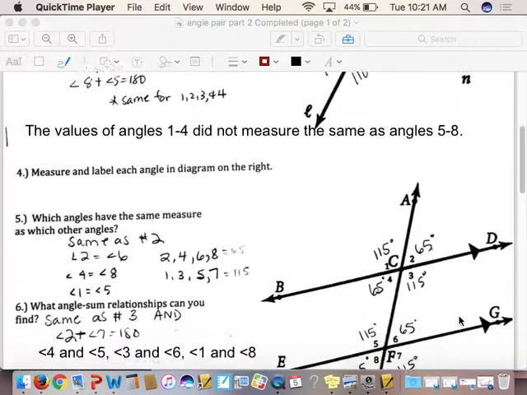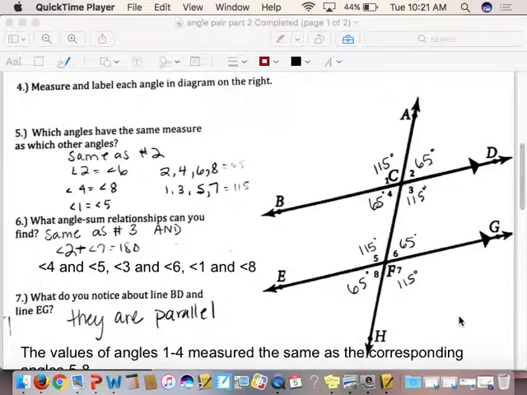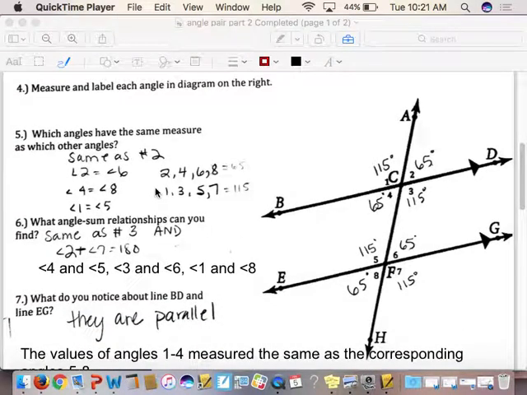All right, let's look at this bottom diagram. So on number 5, I wrote the words same as number 2. So all of the vertical angles that happened in problem number 2, 1 and 3, 2 and 4, 5 and 7, 6 and 8, those happened, but I had relationships from the 1 through 4 that matched up with 5 through 8.